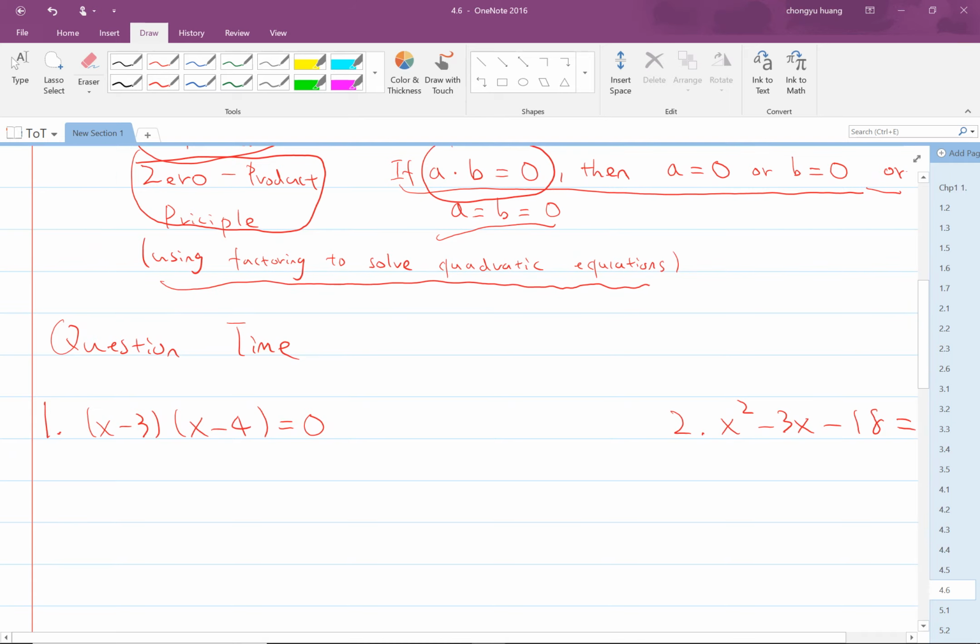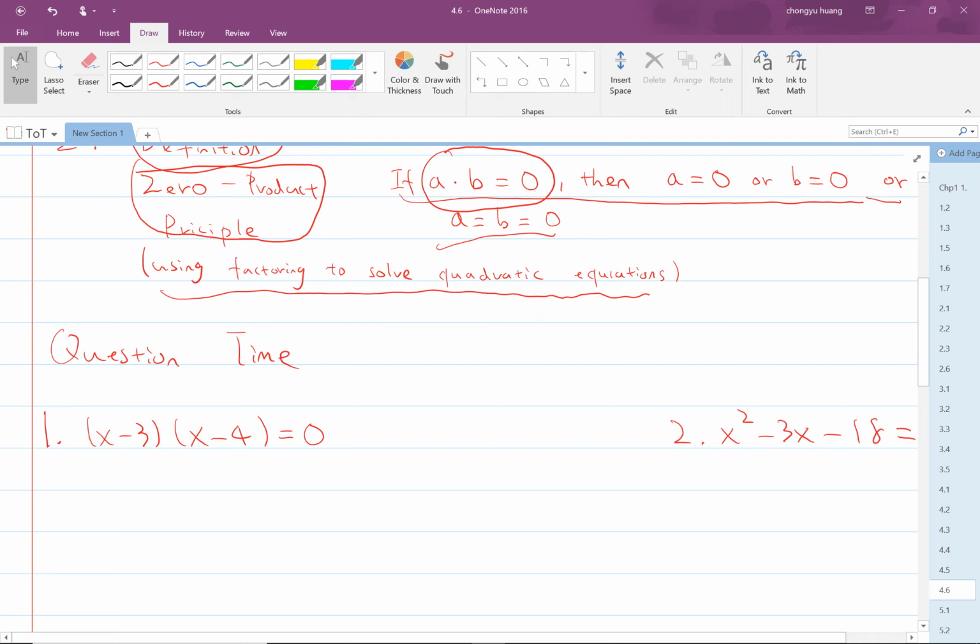So we state that x minus 3 is equal to 0, or x minus 4 is equal to 0.